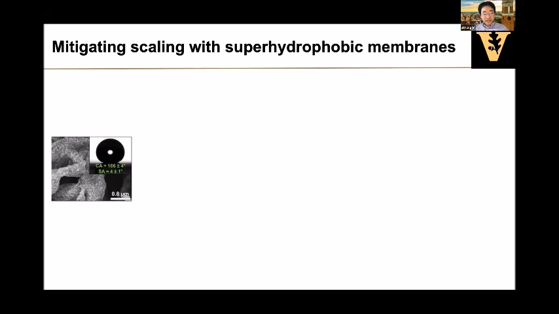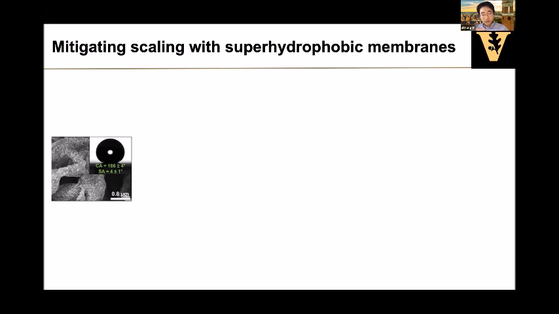So one very promising approach, now being actively explored, for mitigating scaling is to use a superhydrophobic membrane. These membranes not only have a very high water contact angle, but also a very, very low sliding angle. If you tilt the surface by only a few degrees, the water droplet would just slide down.